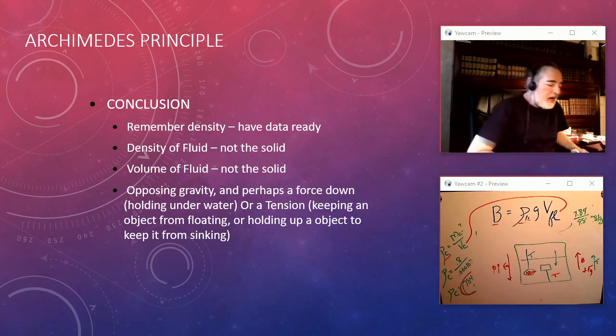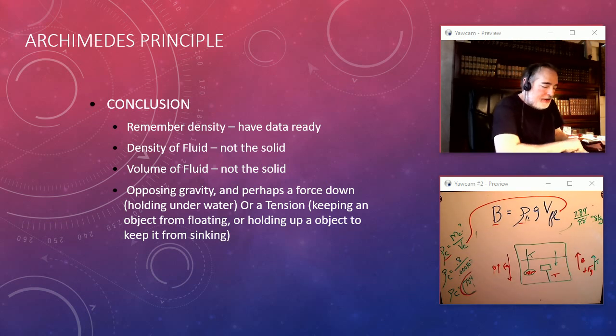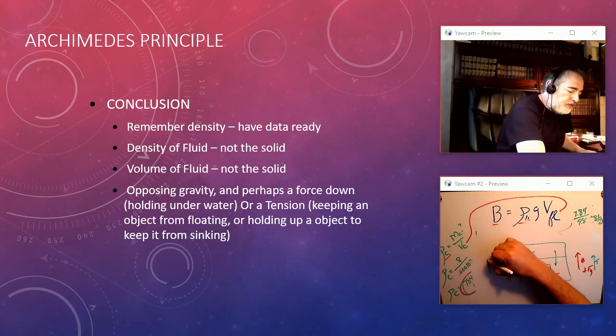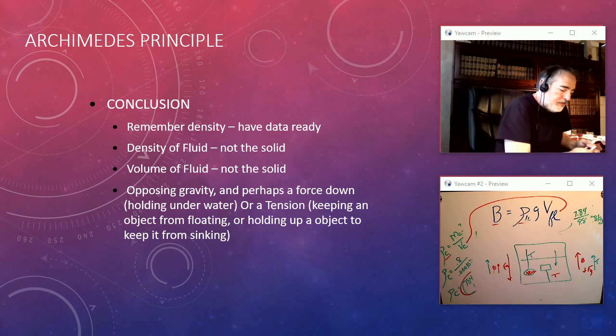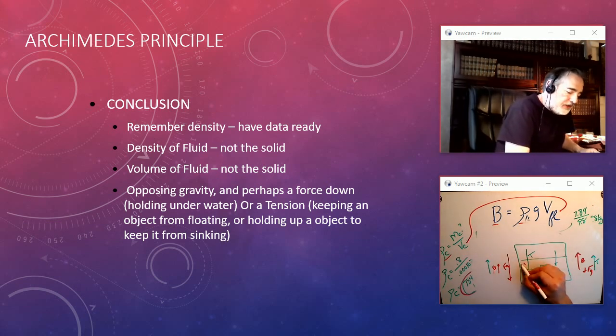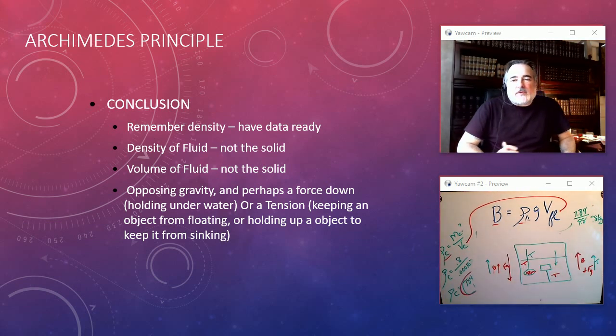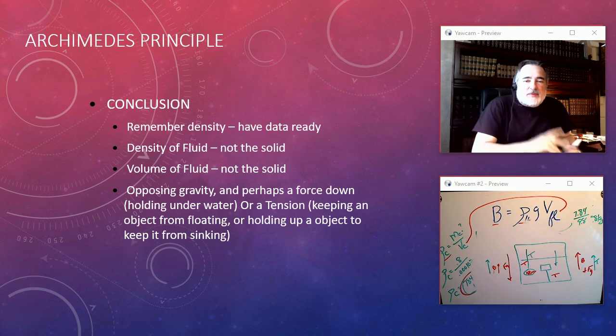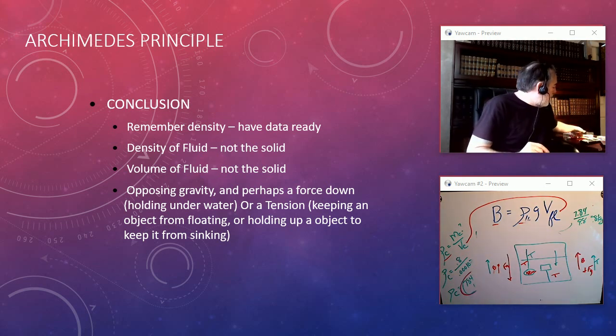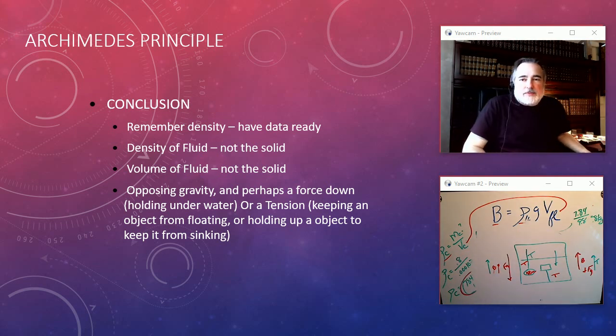Hence, I have to have a rope of some sort, and there would be a tension here. So think through these types of examples, and you should be ready for the assessment. Good luck.